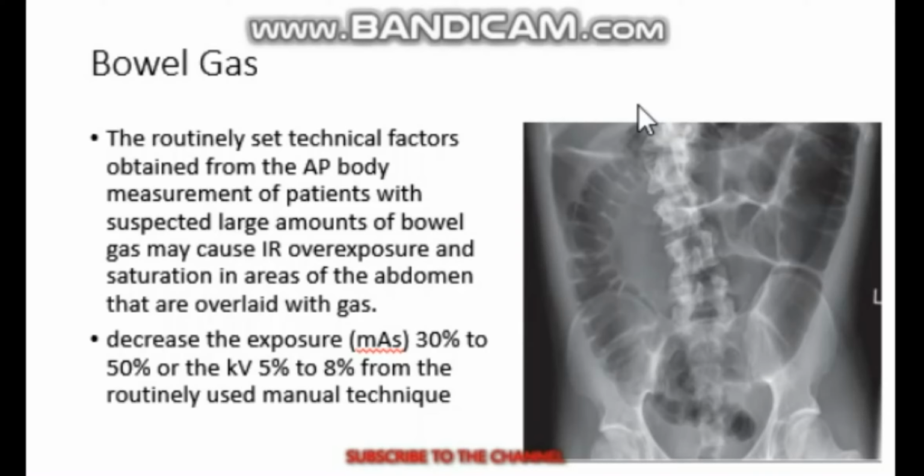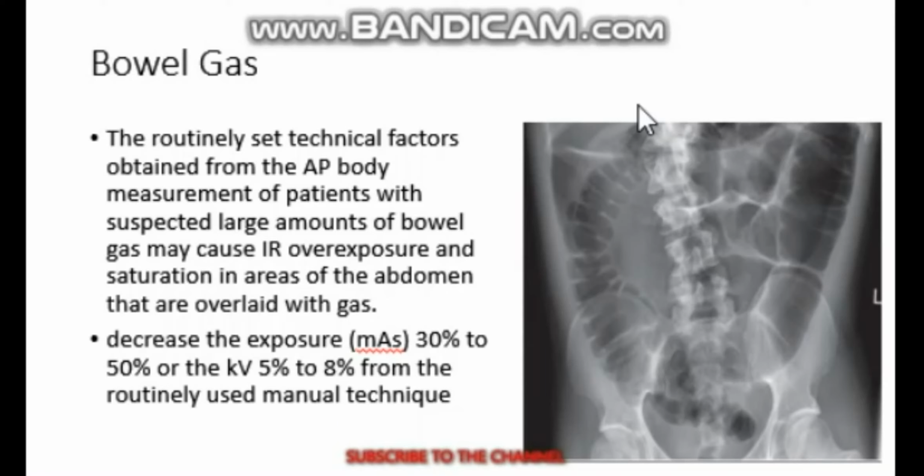From the routinely set technical factors obtained from AP body measurement, a patient with suspected large amount of bowel gas may cause overexposure and saturation in areas of the abdomen that are overlaid with gas. And the patient measures the same whether gas or dense soft tissue causes the thickness. This decreases brightness, which results from the low tissue density characteristics of gas.